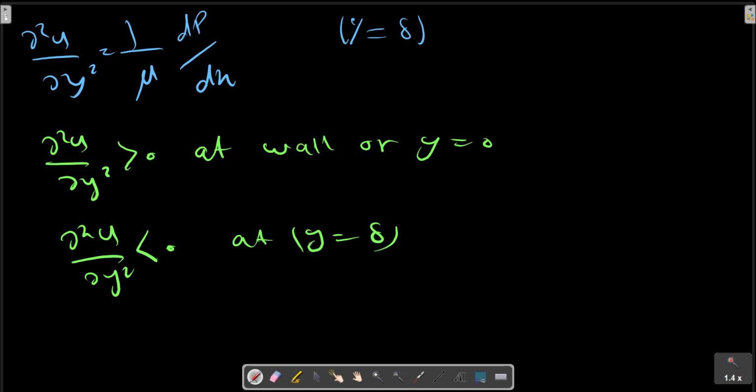It follows that the second derivative must pass through 0. So in this case we have a zero point in the equation, in between, at the point of inflection.